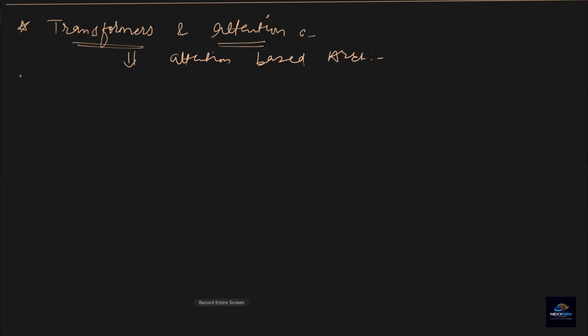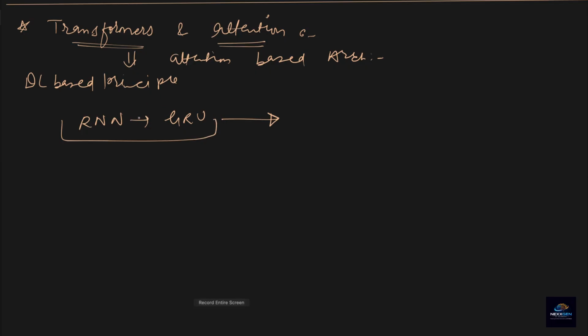So you might have gone through DL based foundational principles, right? Where they build first RNNs, then GRUs, and on top of it they make sure that the sequential learning happens. What is sequential learning?